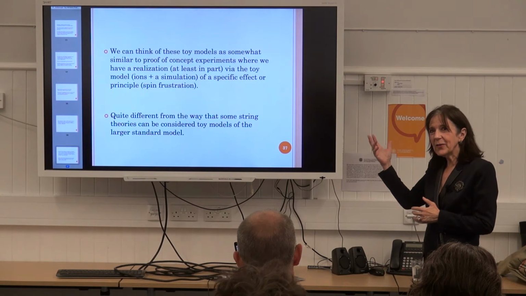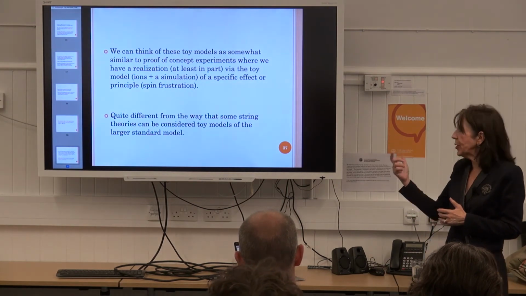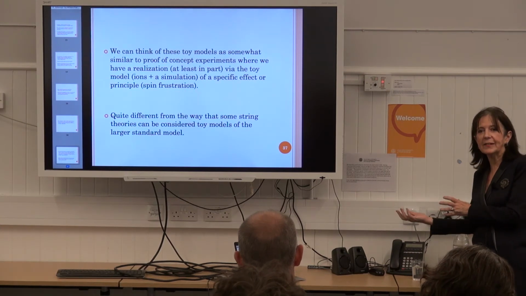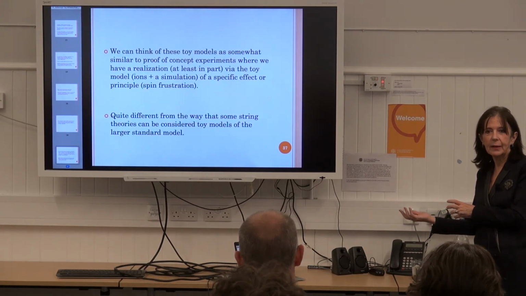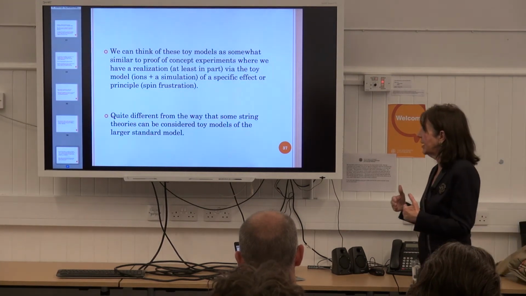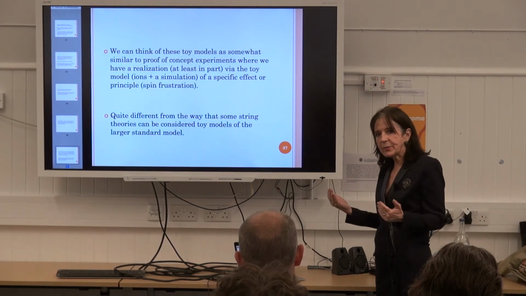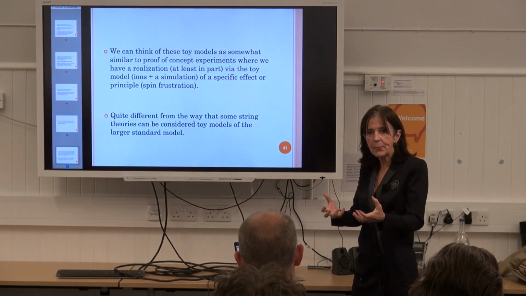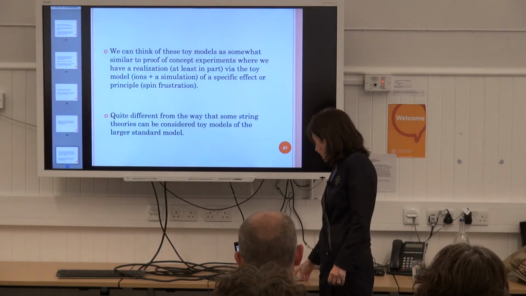But that's very, very different, right, than when we think about how string theories are toy models of the standard model. It's a completely different kind of situation, right? One is a very highly abstract situation, and one is quite literally something that you're manipulating and playing with.